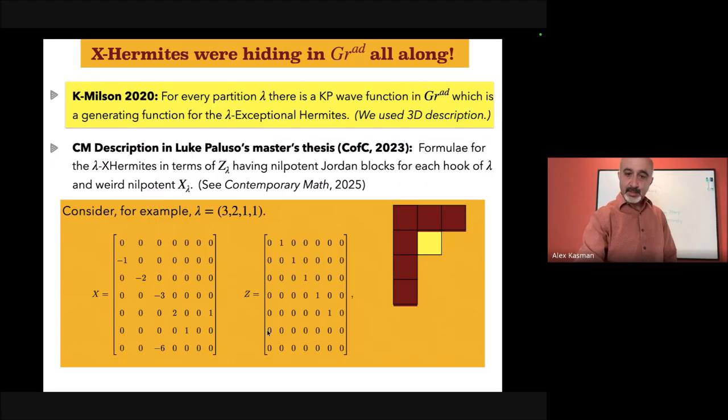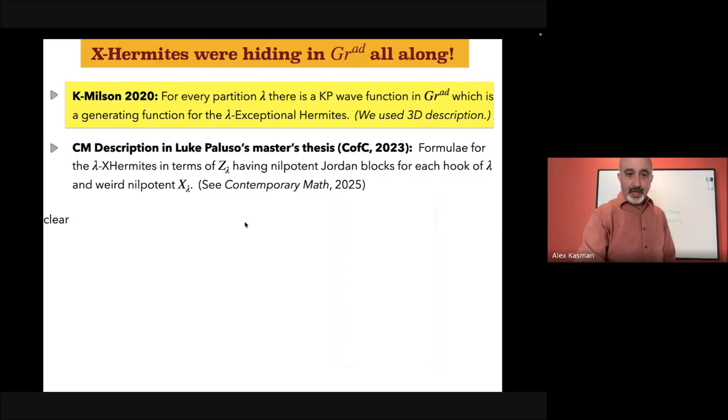So Z has a 6 by 6 nilpotent block, and then there's this 1 by 1 block, and that's all there is to say about Z. You can just read it off of the Young diagram. The X matrix is more complicated, but these are then a Calogero-Moser pair, and not only are they a Calogero-Moser pair, they're the ones that are going to give us the exceptional Hermites that we would have gotten from that partition.